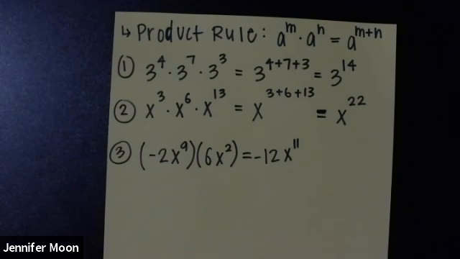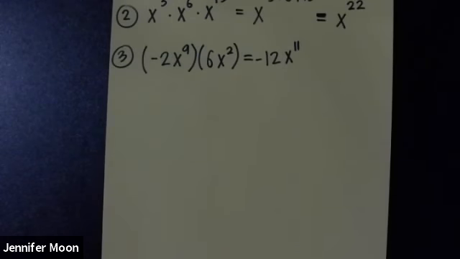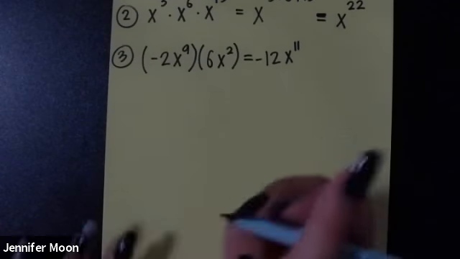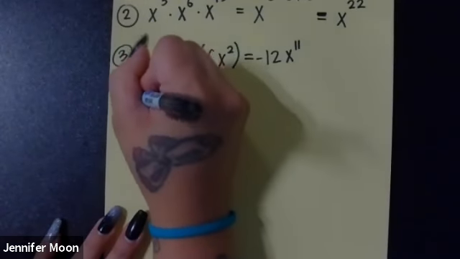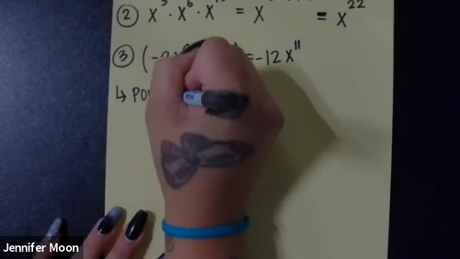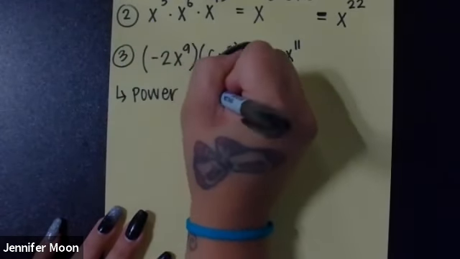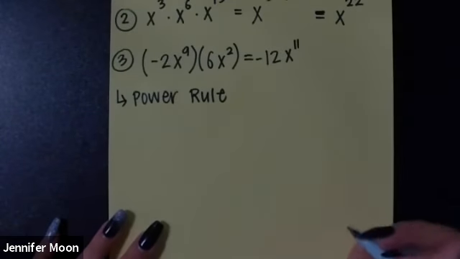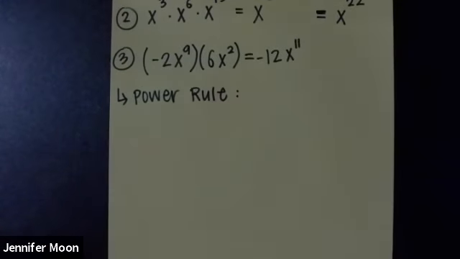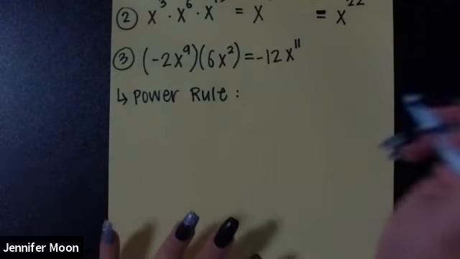Okay, y'all. So what we're going to do now is there are 3 power rules. We're going to look at the first one. So this power rule, this is what it is.